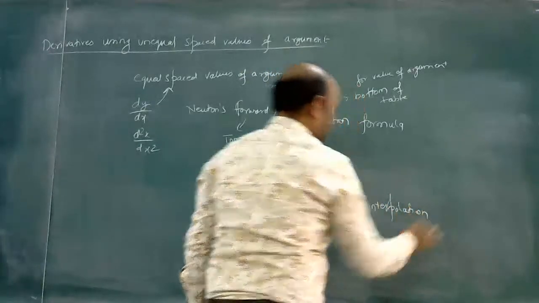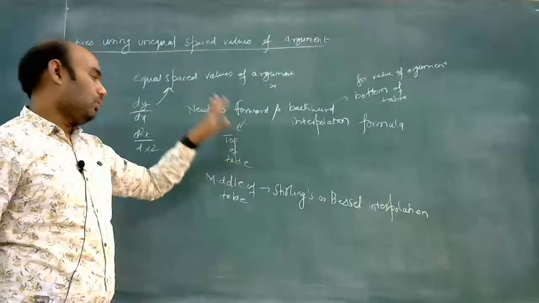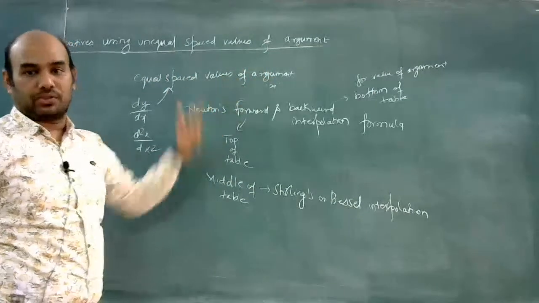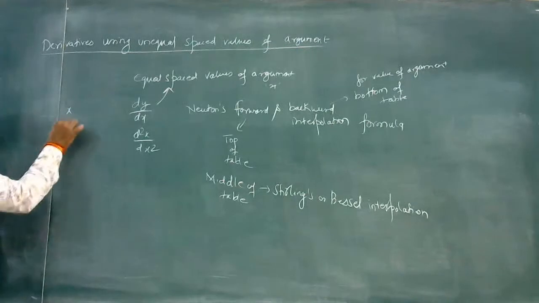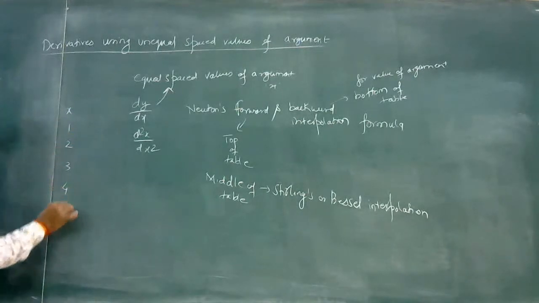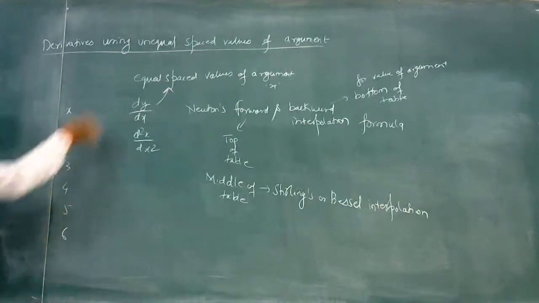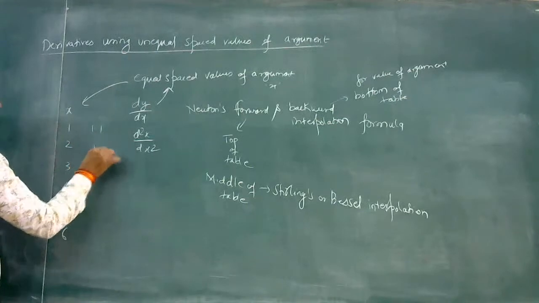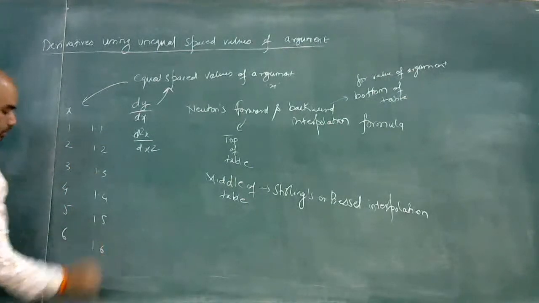Okay, and all these formulas are applicable only when there are equally spaced values of arguments. What do you mean by equally spaced values of arguments? Like x is given 1, 2, 3, 4, 5, 6, or 1.1, 1.2, 1.3, 1.4, 1.5, and 1.6.